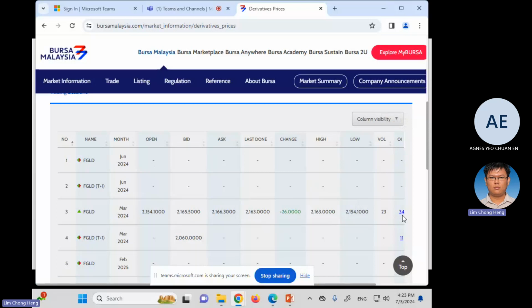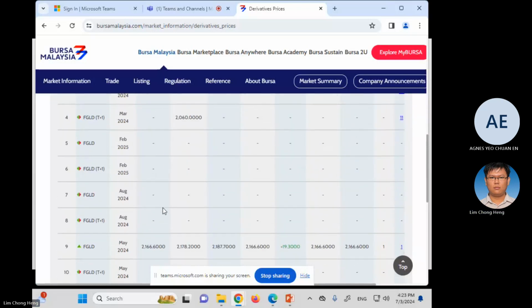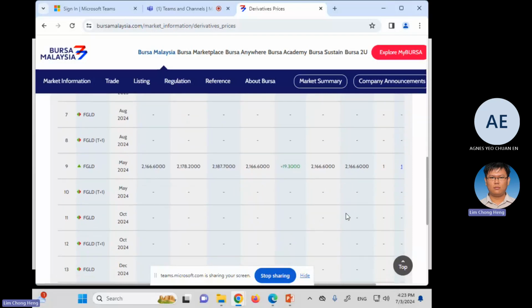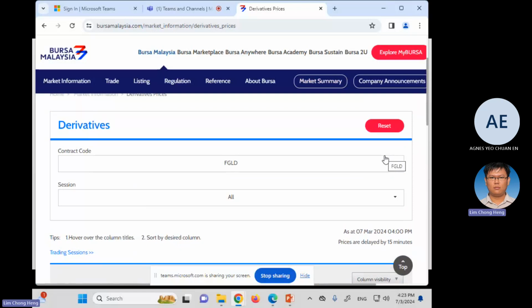Total got 34 only. Other months don't have. And in the Malaysian derivative market, only two products can show people. KLFE and HCPO. These two products are considered liquid.